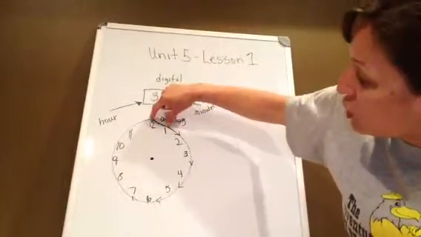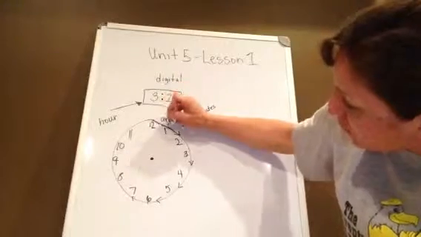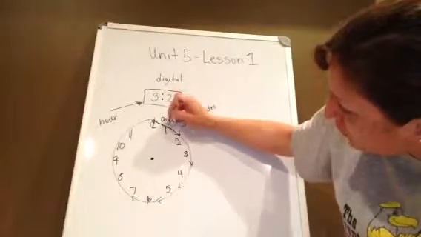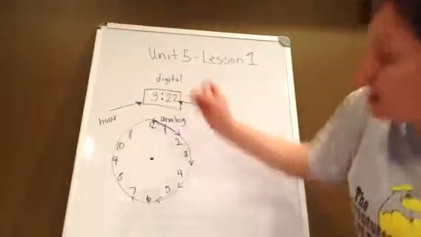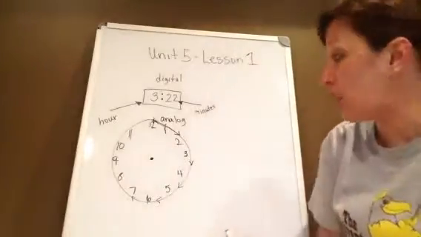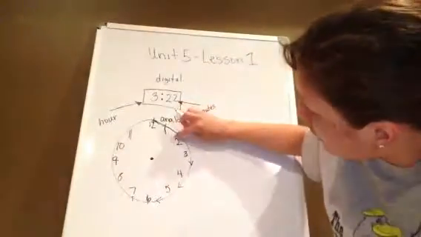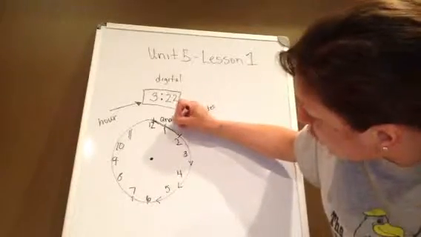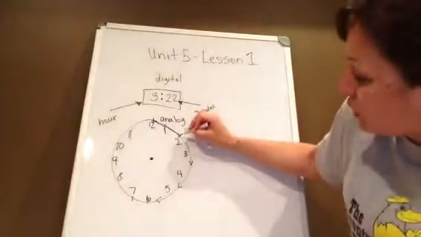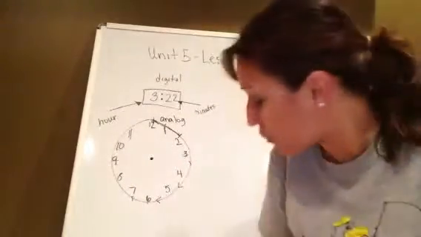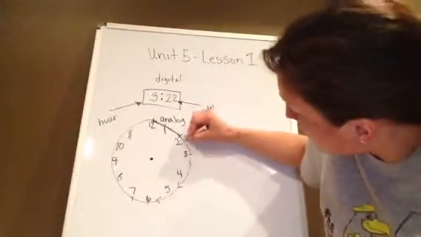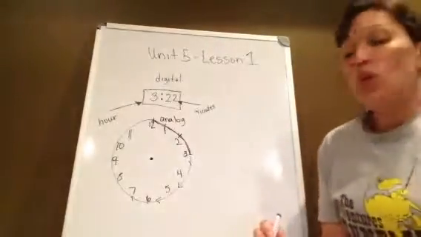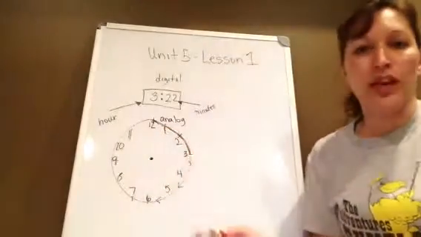And we know that each chunk between this number and this number, right here, is a chunk of minutes on a clock. And then between 1 and 2 is another chunk of minutes on the clock. Between 2 and 3 is another chunk of minutes. We know that there's 5 minutes between each of those chunks.